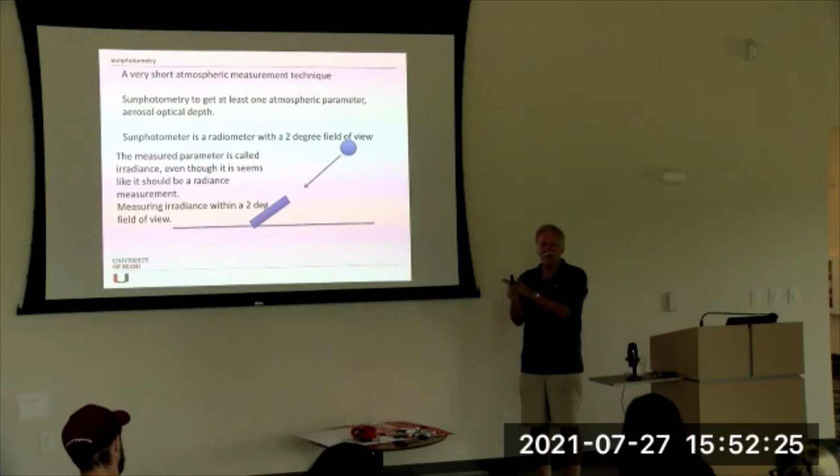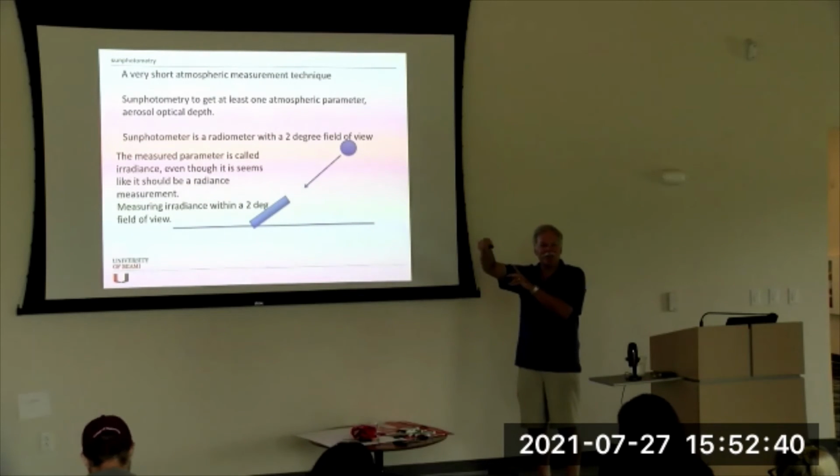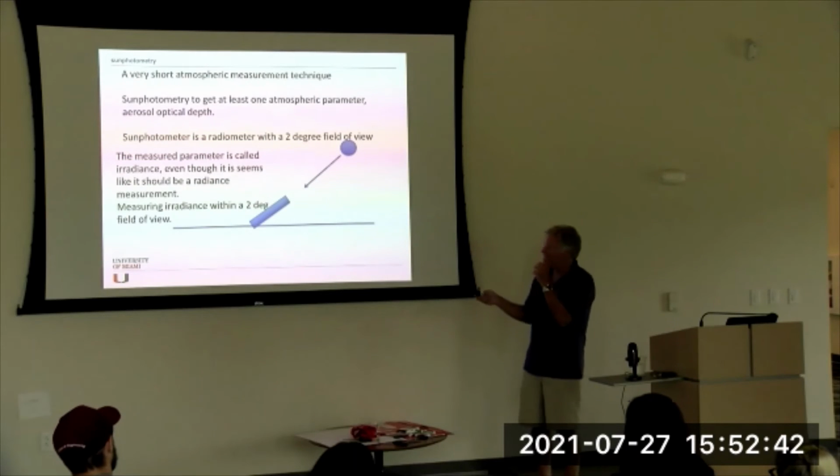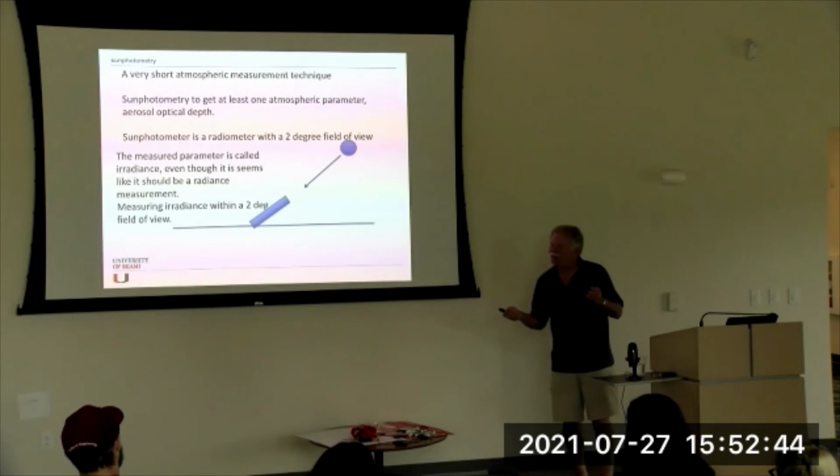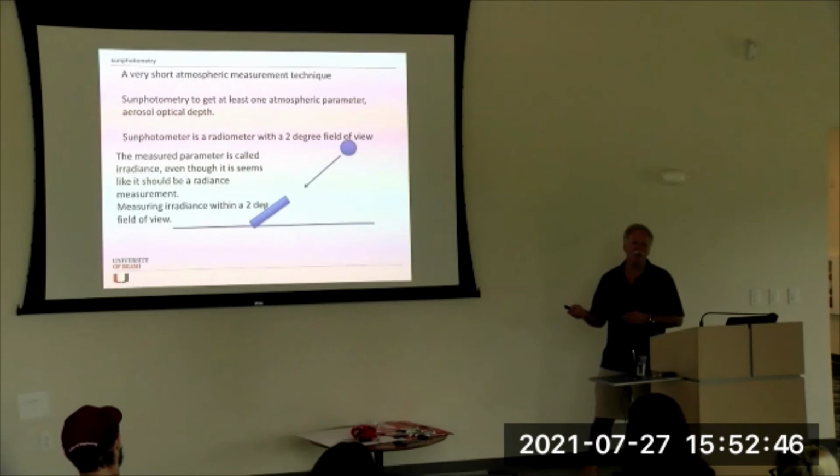The real radiance varies tremendously across your field of view, so it doesn't make sense to call that a radiance. So what you measure is the direct solar irradiance.